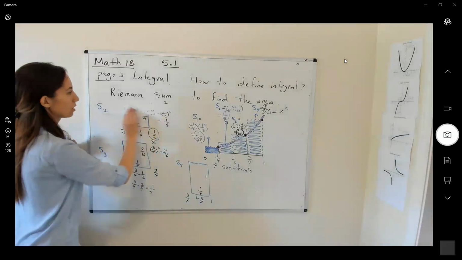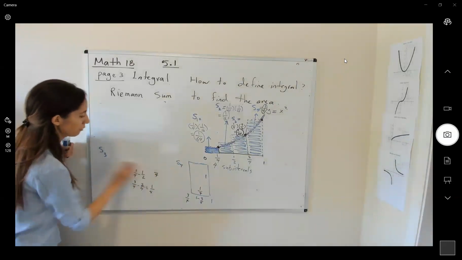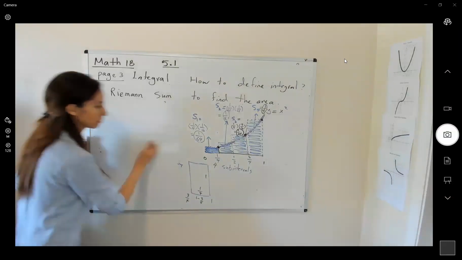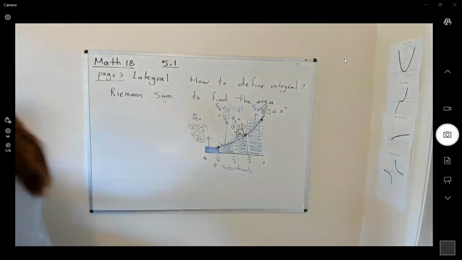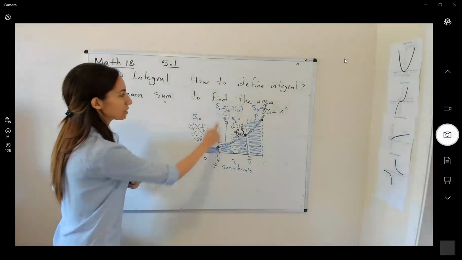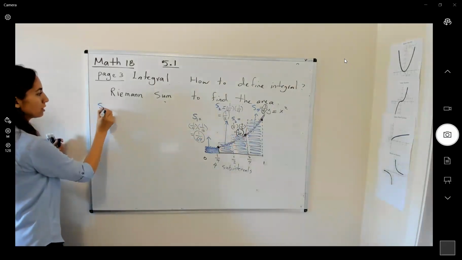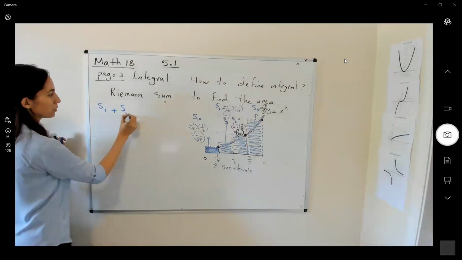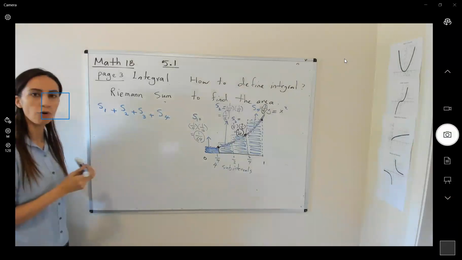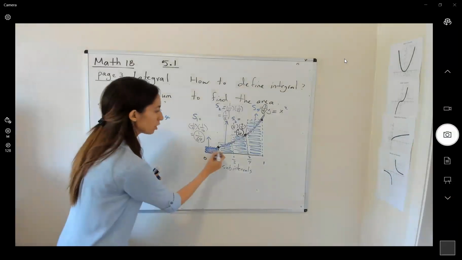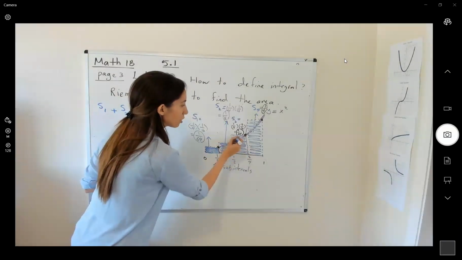Okay, so we found these little areas, 4 areas. And we say that if I add these areas together, S sub 1 plus S sub 2 plus S sub 3 plus S sub 4, it gives an area which is a little bit larger than the area that I'm expecting.